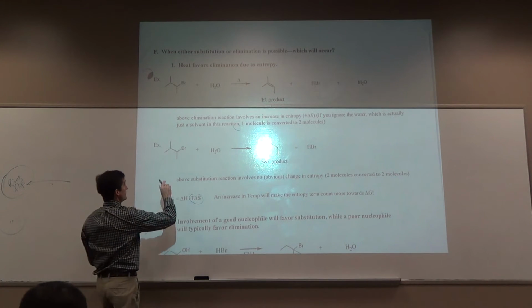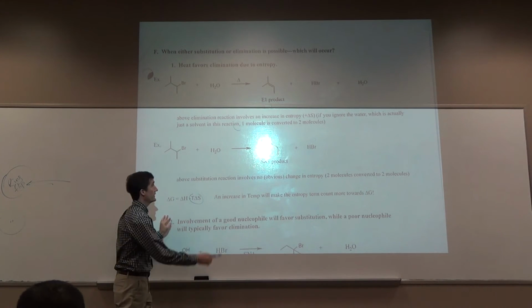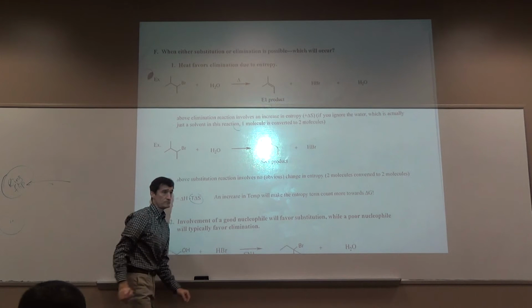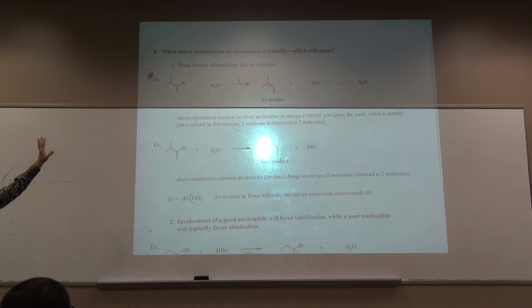But down here, 2 is becoming 2. Water's reacting; these two react to give these two. Which one is entropy favorable? Elimination. When you eliminate, you're breaking something apart. Entropy is favorable up there.